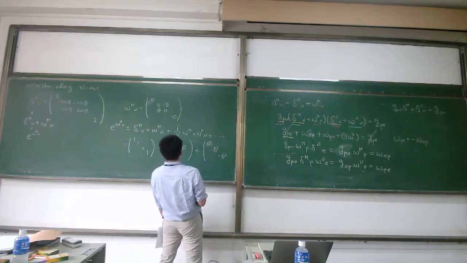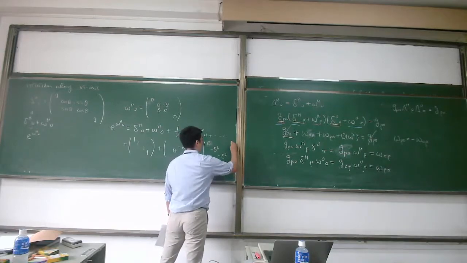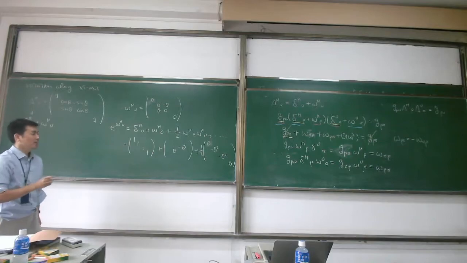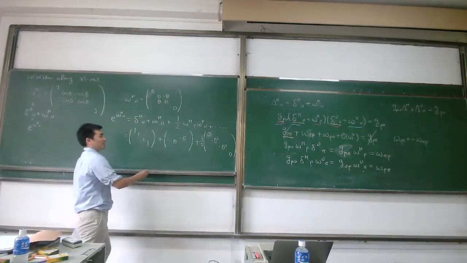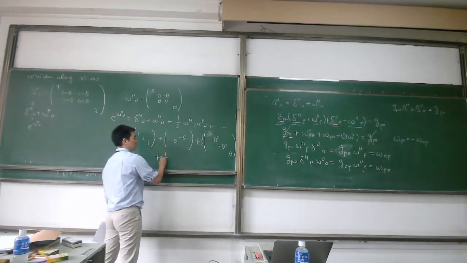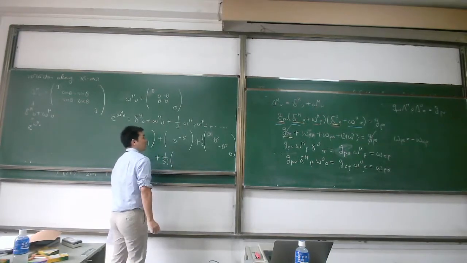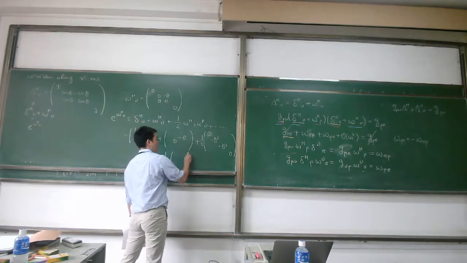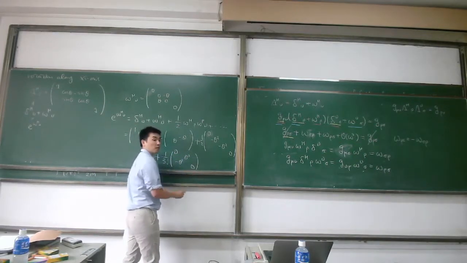Is it okay? And 0. And 1/2. Do you agree? And next, as you can easily imagine, this is equal to 1/3 factorial, and then I think this should be theta cubed, minus theta cubed, 0, 0, like this. Do you agree?